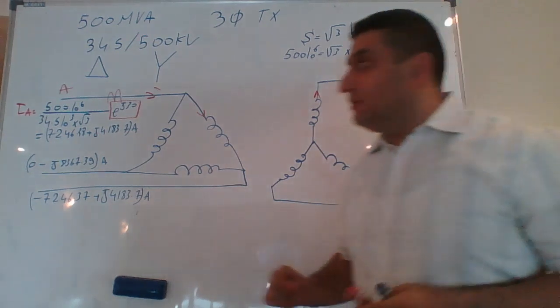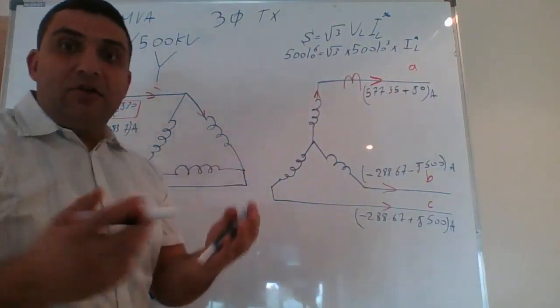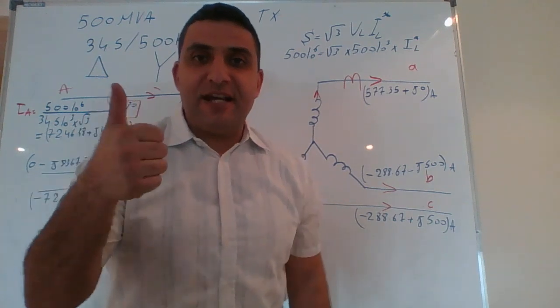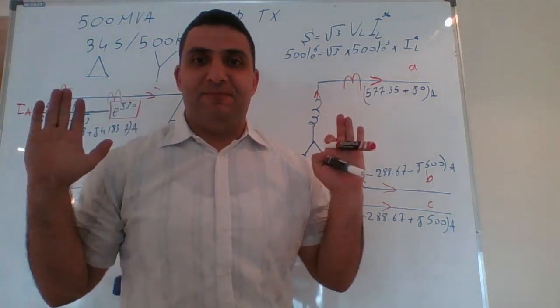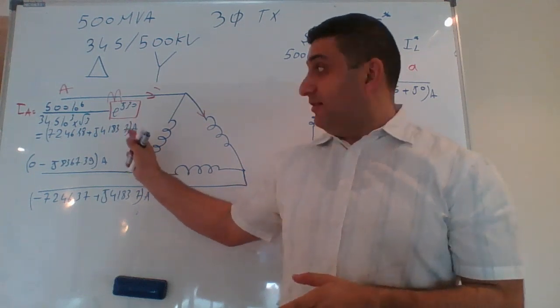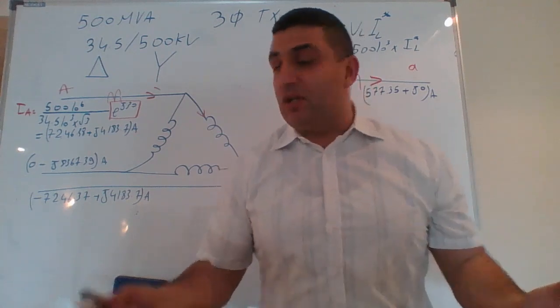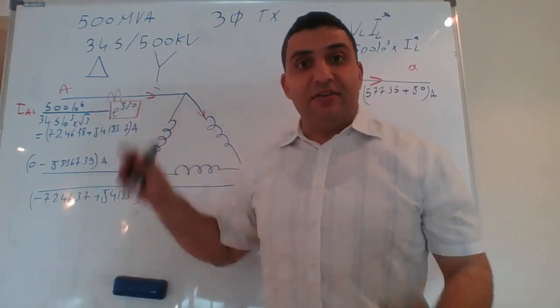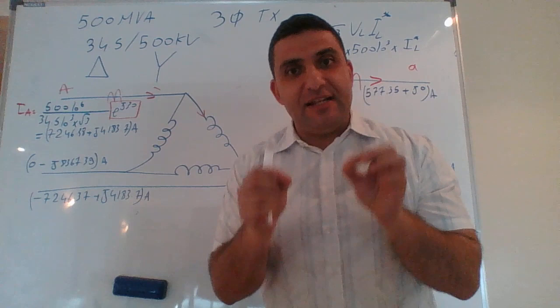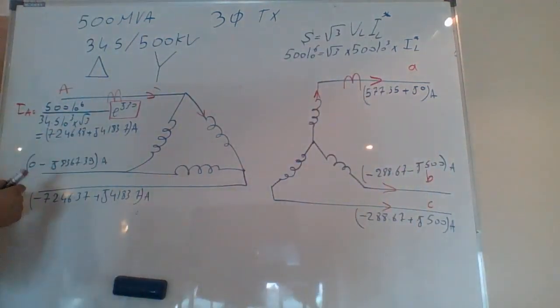Let's start now. Because this is connected into Y, if anything is connected into Y, the phase current and the line current are exactly the same. Because the CTs are connected on the primary side into Y connections, I have no problem, because the phase current that goes into the CT is the same as the line current. So in this case, I have the magnitude of my current.